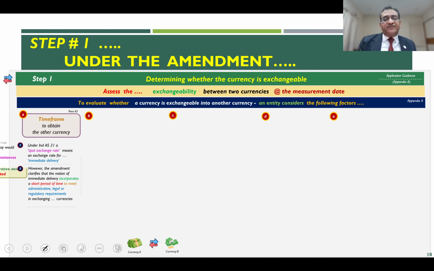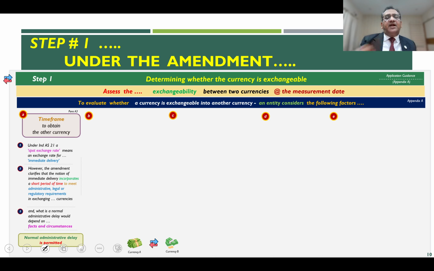That means if you have a scenario like this, that you have entered into a transaction today and there is some amount of time which goes from the time you enter into the transaction for exchange of the two currencies and the actual day when the exchange happens, that is something which is permitted. That time lag would not indicate that the currencies are not exchangeable.